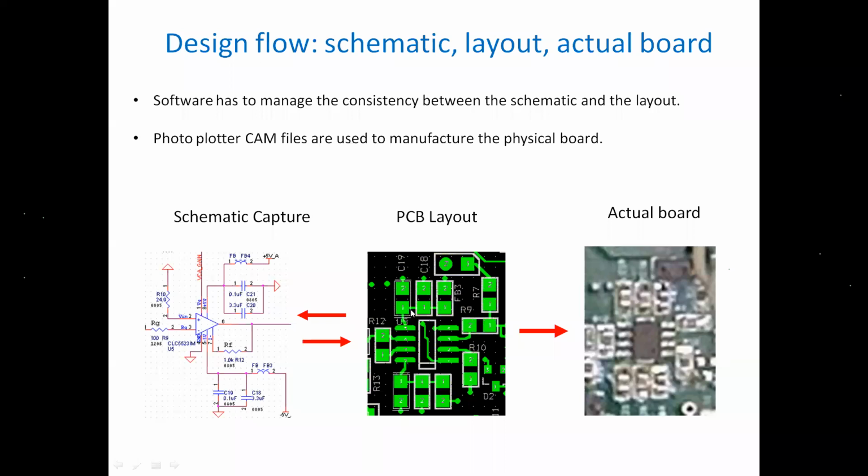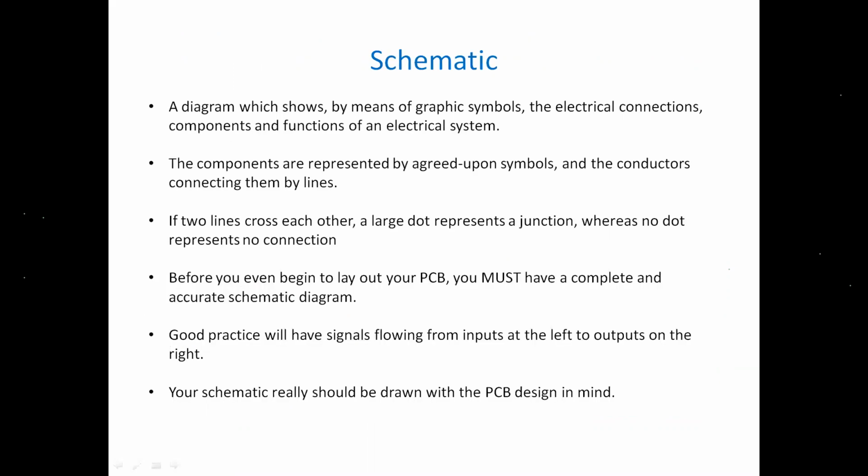The footprints come from the PCB layout library, which has the actual size of the component. So we can see this is the logical side, this is the physical side, and this is the actual board after production.